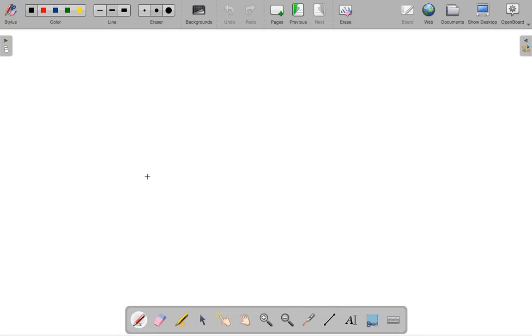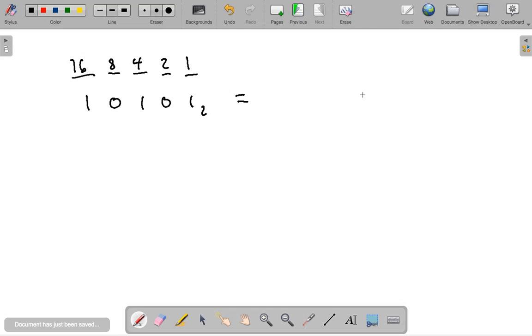There we go. So just a reminder, the 16th place, the 8th place, the 4th place, the 2s, the 1s. I won't draw the lines this time. So 1, 0, 1, 0, 1 base 2 is equal to, I'll do the calculations over here. That's a 16, a 4, and a 1.